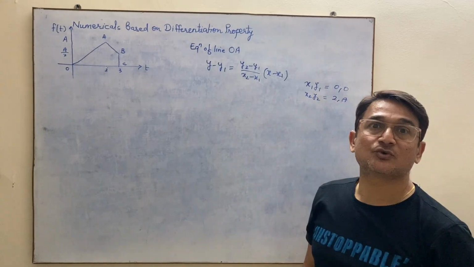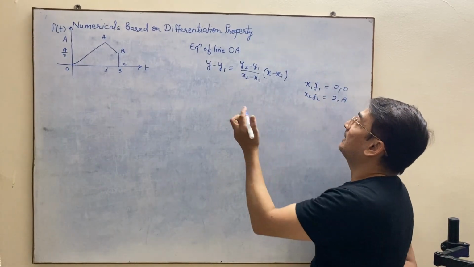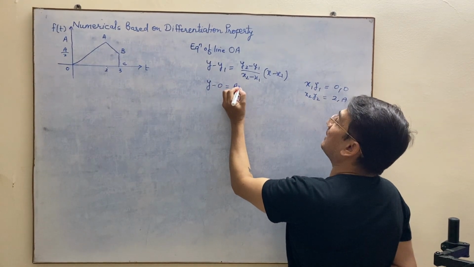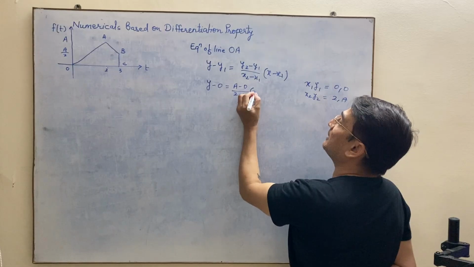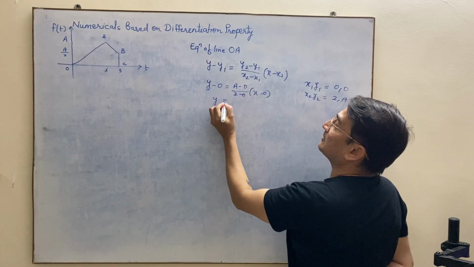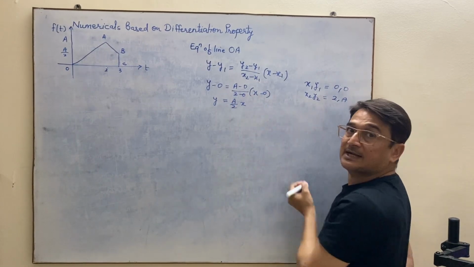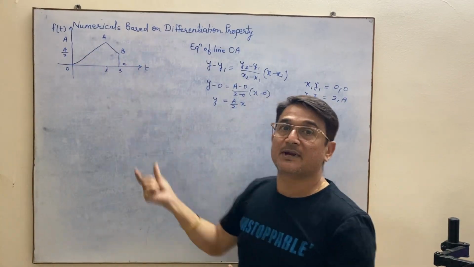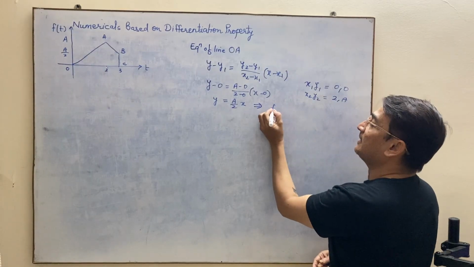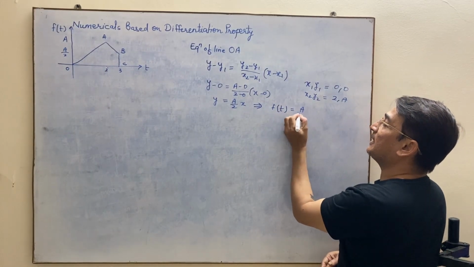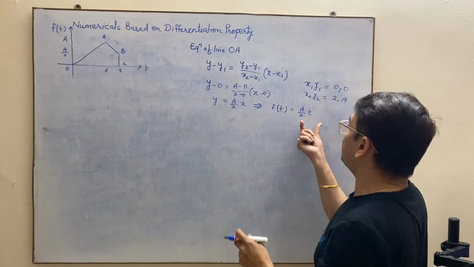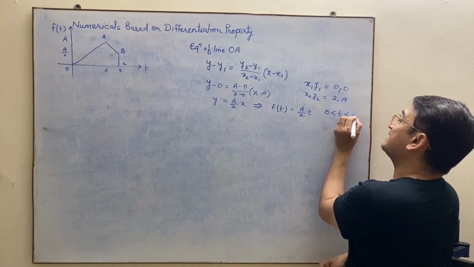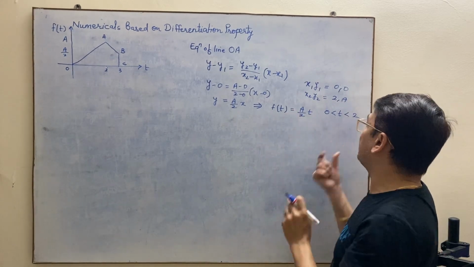Putting these in the equation, you get y minus 0 equals a minus 0 upon 2 minus 0, into x minus 0. You get y equals a by 2 x. As I have told you, y will be replaced with f(t) and x will be replaced by t. So you get f(t) equals a by 2 t. This is between 0 to 2, so you write 0 is less than t is less than 2.